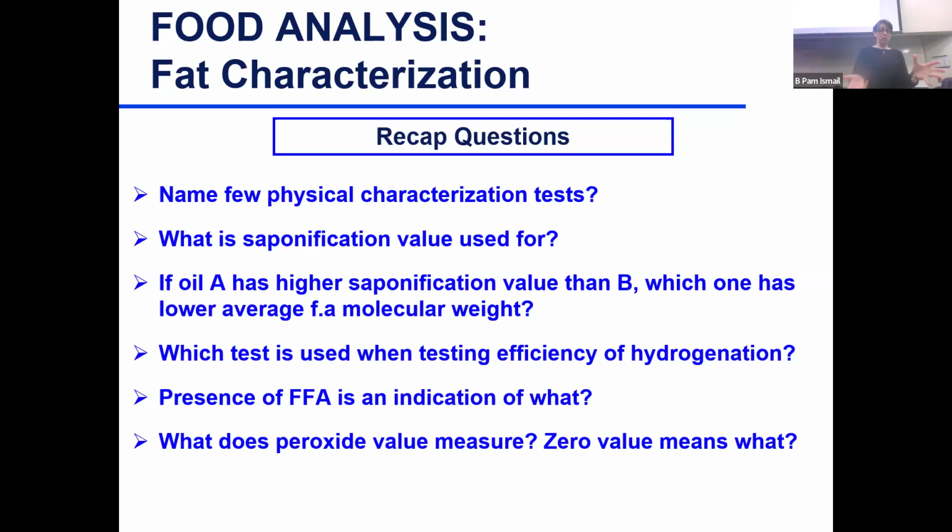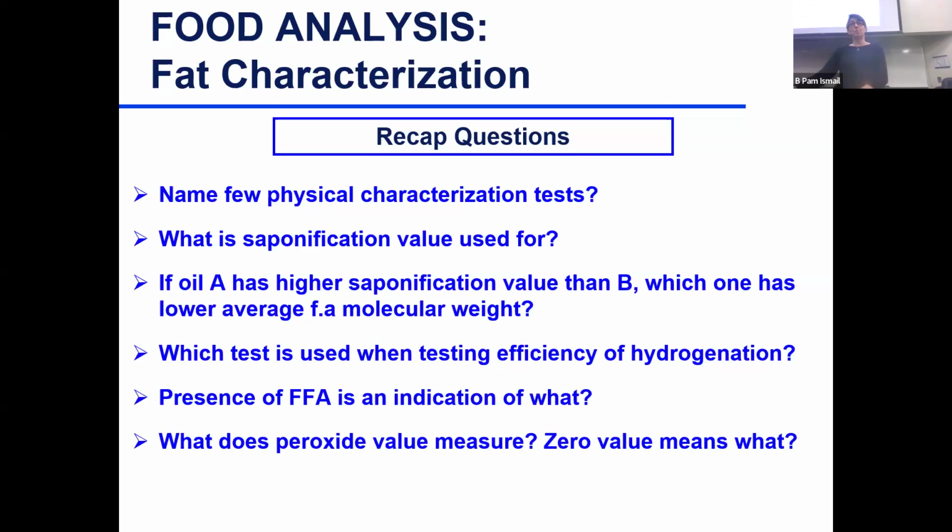So think about it like you're frying potatoes. There's a lot of moisture. Heat, moisture, and then triglycerides will break into free fatty acid and glycerol. So you will have higher free fatty acid in oil that has been used multiple times for frying. Okay, what else did you remember about refining, from when you did the lab? Did refined olive oil have more free fatty acid, or did the virgin olive oil have more?